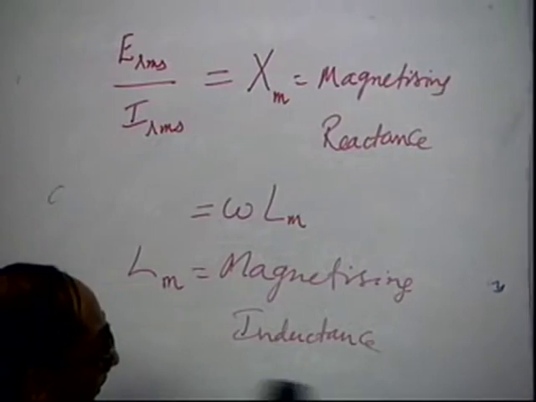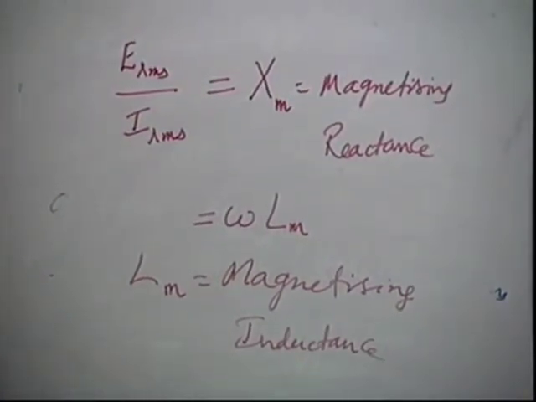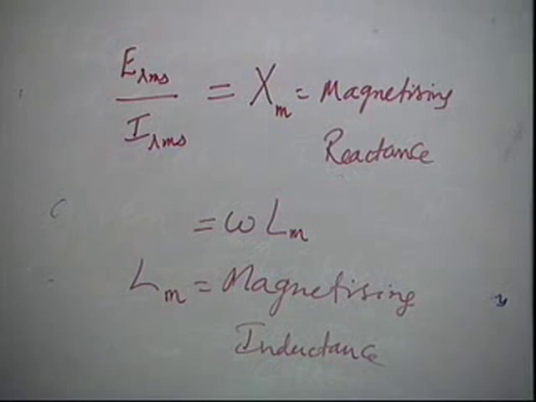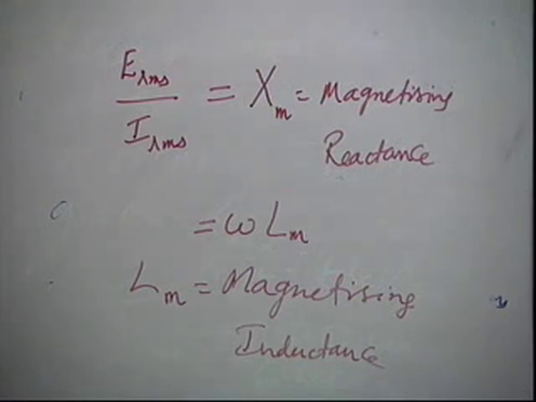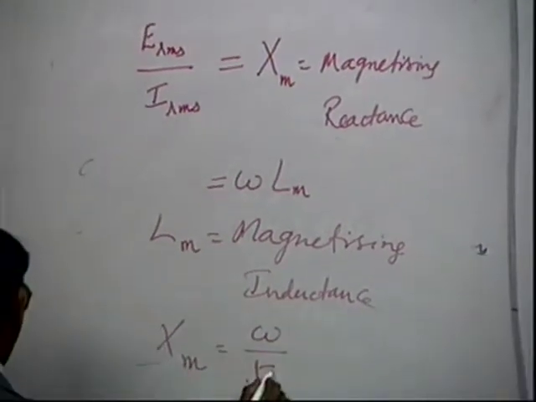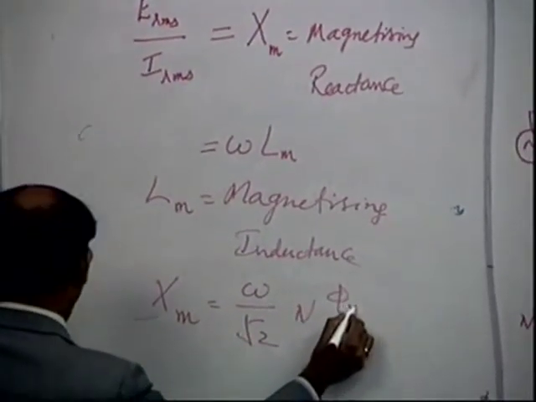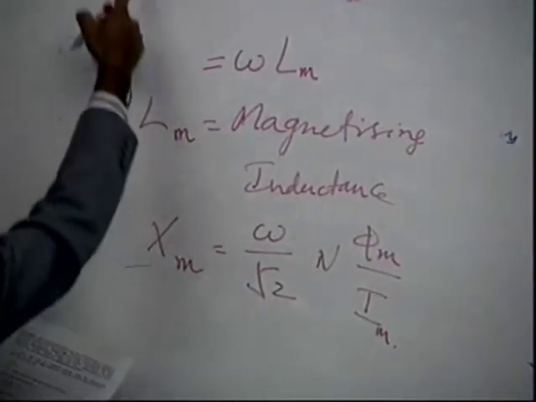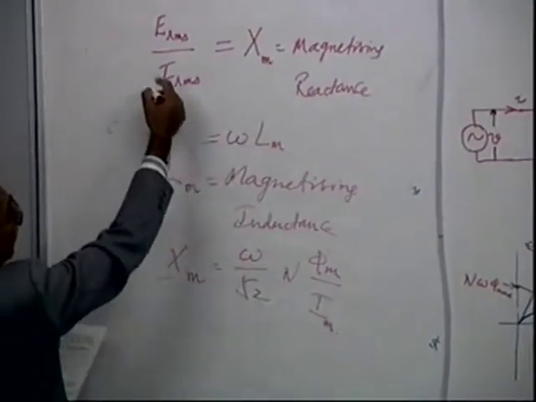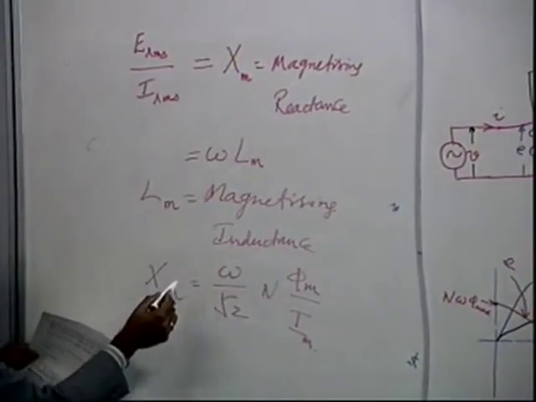Now this may be different compared to a DC inductor, because of non-linearities associated with it. So this XM will be omega by root 2 N into phi m by IM, because the ratio E is 4.44 F N phi.